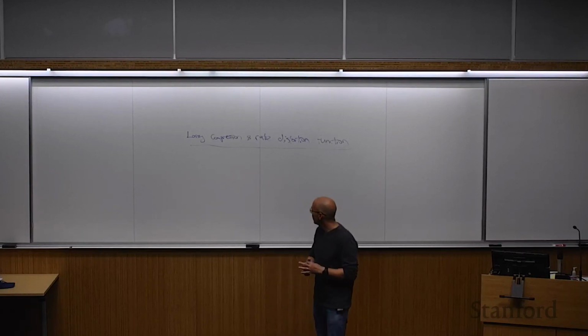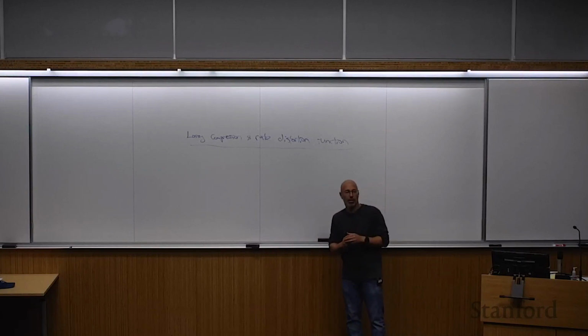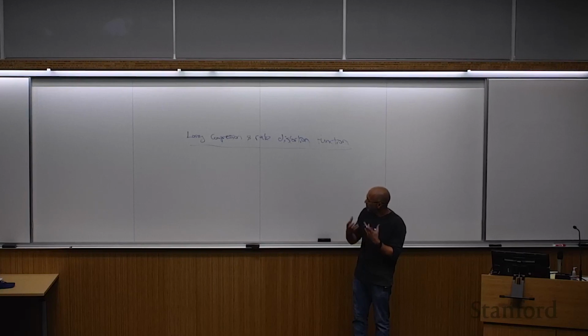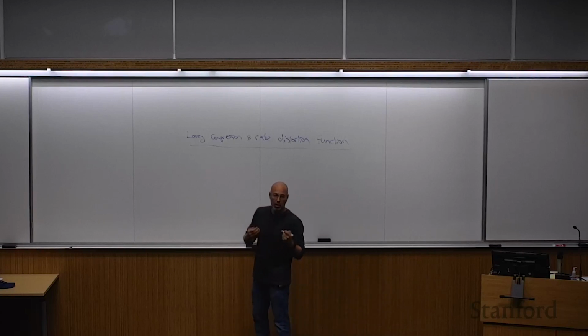And for that, we're going to start with reminders of some of the most basic quantities that we've already been exposed to extensively in the context of lossless compression. First and foremost was the notion of entropy.